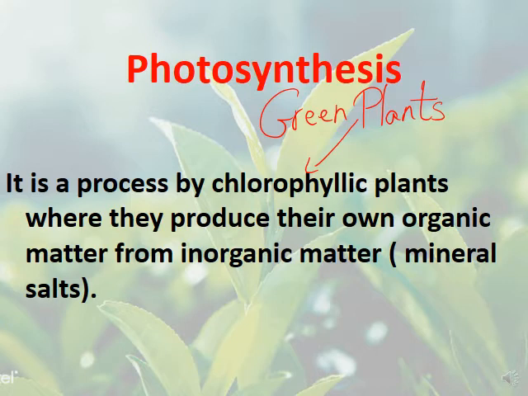From inorganic matter, from mineral salts and water. So let's see. What is photosynthesis? It is the production of organic matter. What is the meaning of organic? It's the starch. So here the plant produces its own food by the process of photosynthesis.